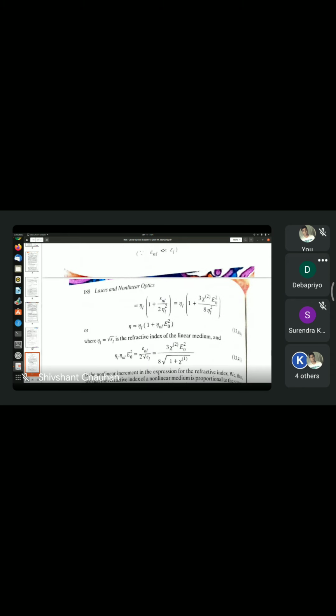Stop. Now they are taking square root of epsilon L outside the bracket, but square root of epsilon L can be written as just eta L. So square root of epsilon L is just eta L.